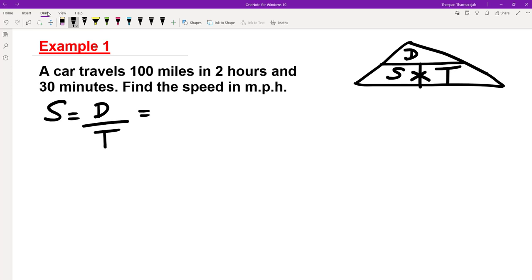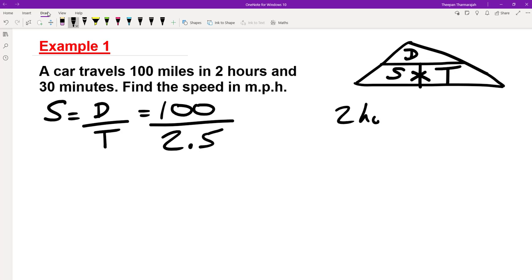So the distance is 100 miles, but if you notice, we want the speed in miles per hour, but the problem here is the time is in 2 hours and 30 minutes. Well, that's the same thing as 2.5 hours. So I'm going to write that here. 2 hours and 30 minutes is exactly the same thing as 2.5 hours.